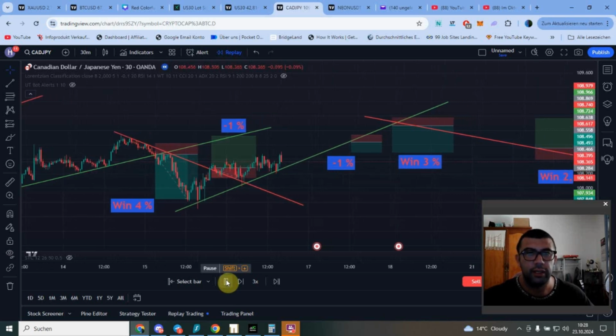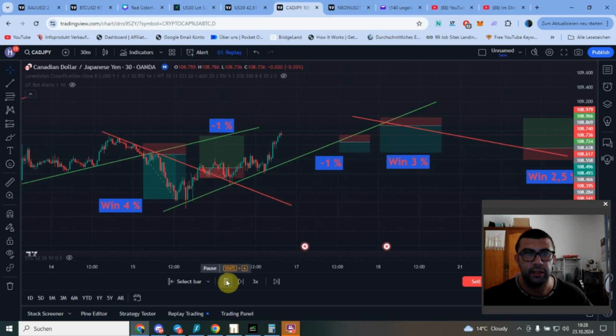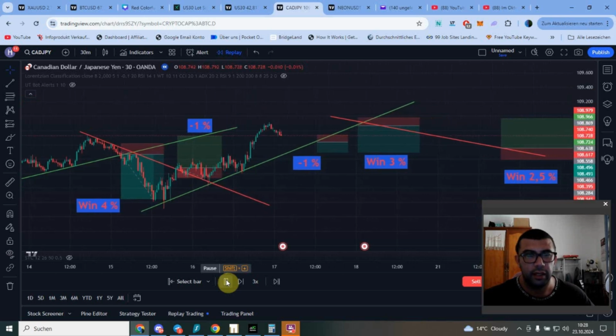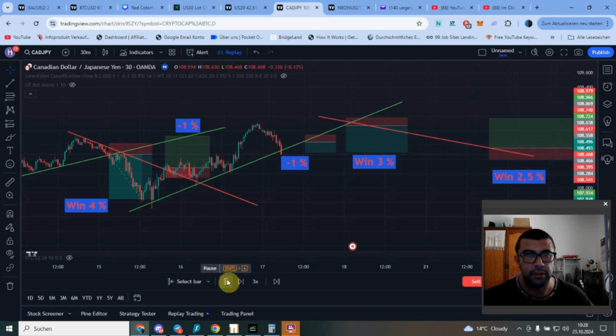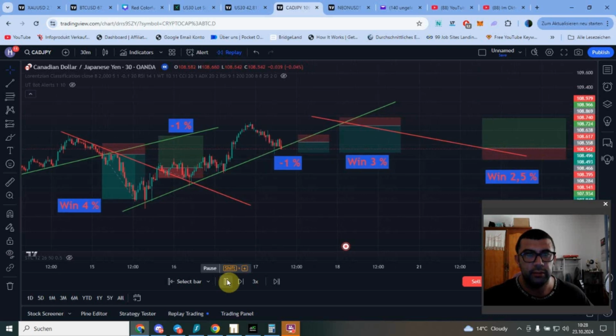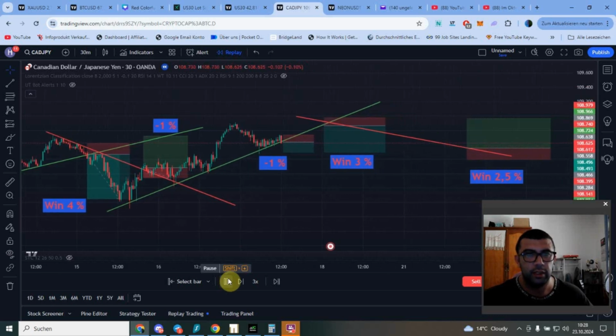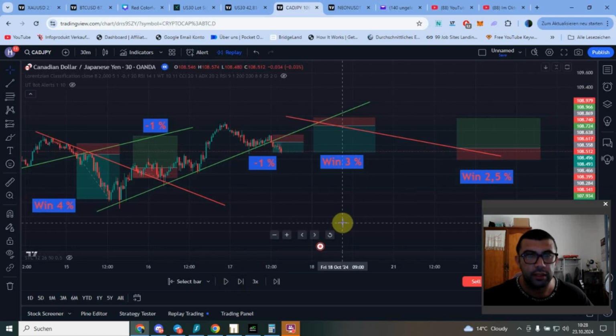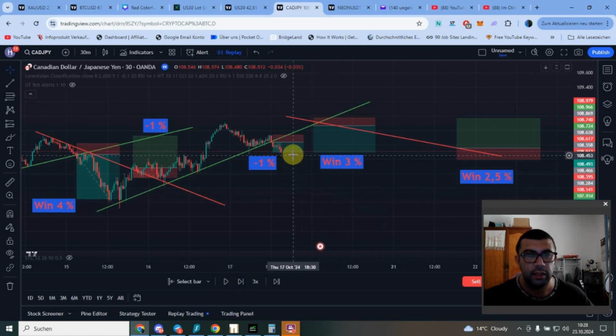Now it's following this uptrend. It stays above the trend line, and let's see what happens. And here I was going for a sell trade, but actually I wanted to target a little bit lower and wait a little bit.